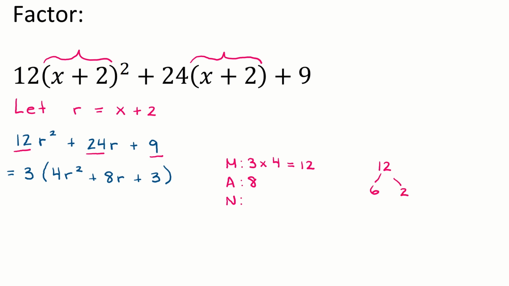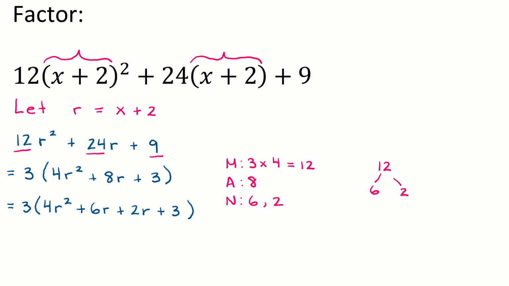They multiply to 12 and they add to 8. So my two numbers are 6 and 2. I'm going to put those back in the equation, replacing my 8r with 6r plus 2r. So that's going to turn this into 4r squared plus 6r plus 2r plus 3.